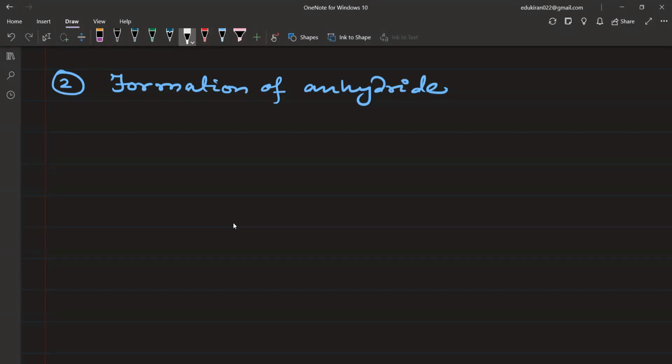For example, अगर हम ले रहे हैं ethanoic acid, so if I have CH3, C double bond O and OH, यहाँ से भी आपके पास इस तरह से H O C double bond O and CH3, ठीक है.